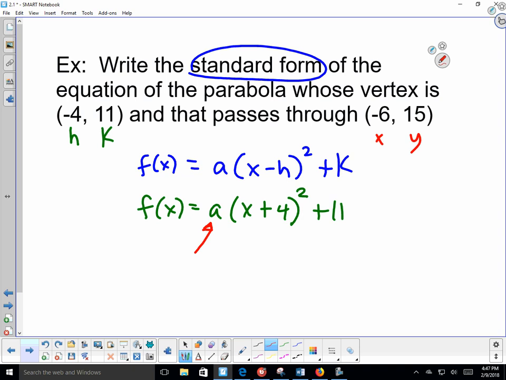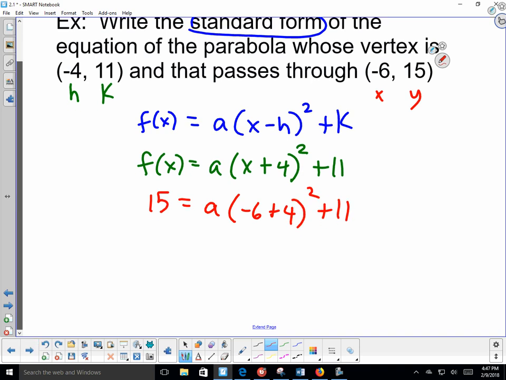And so I'm going to plug in negative 6 for x and 15 for y so I can solve for a. And so I got 15 equals a times negative 6 plus 4 quantity squared plus 11. And so now we're just going to solve this equation for a. So negative 6 plus 4 is going to be a negative 2.